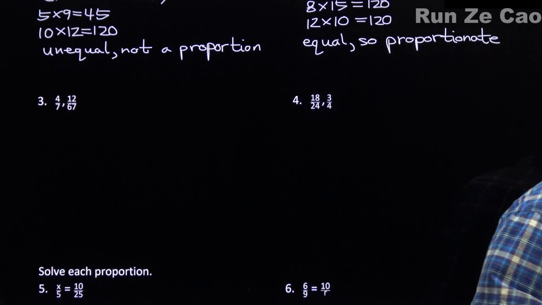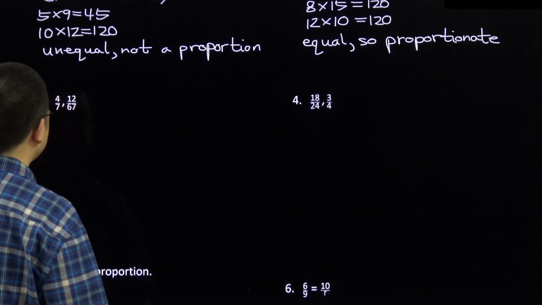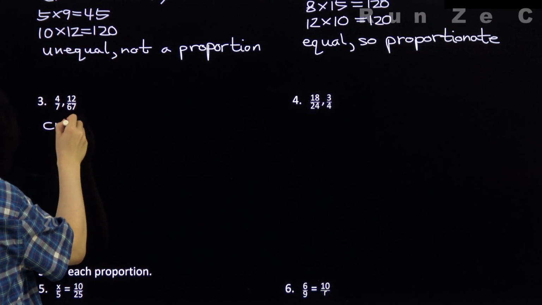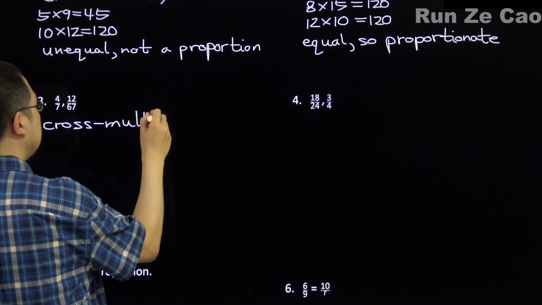So, 4 over 7 versus 12 over 67. Well, cross multiply.